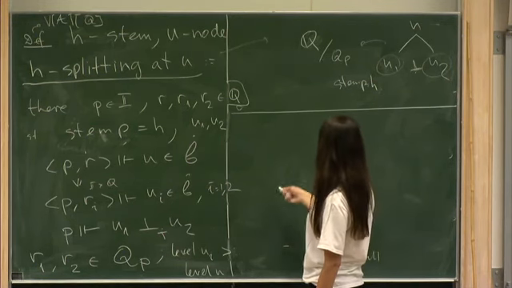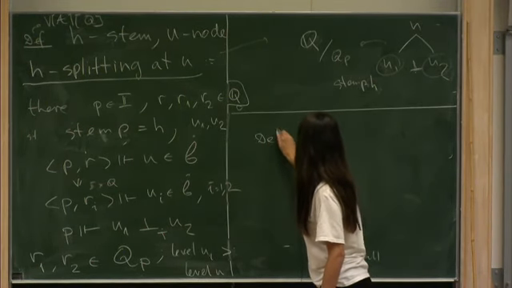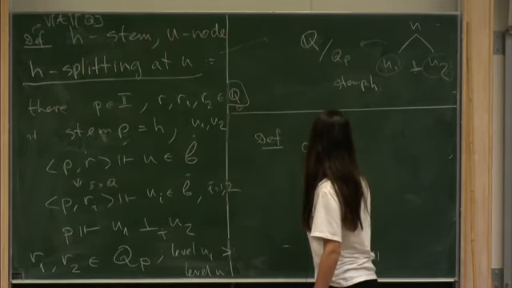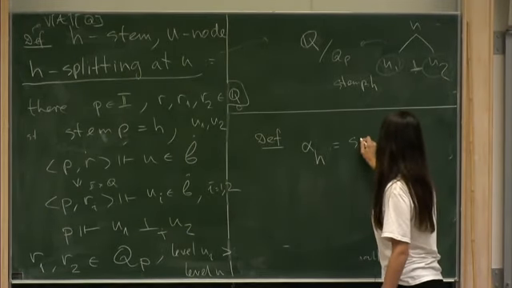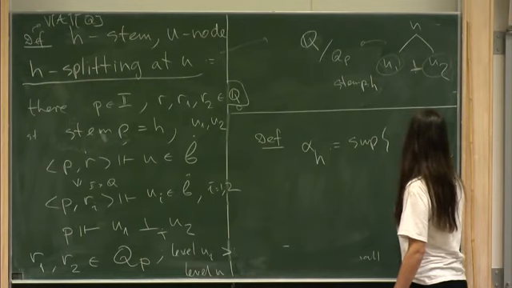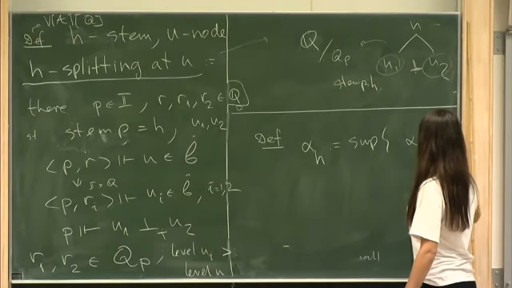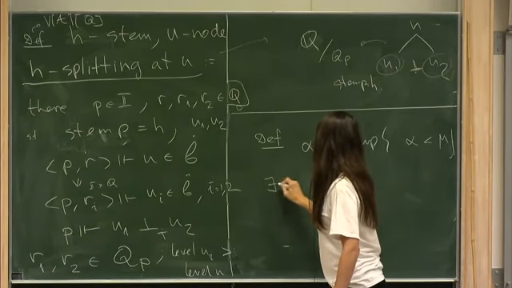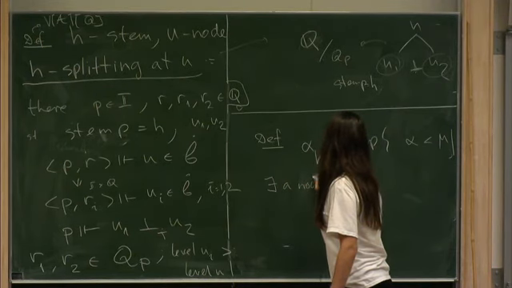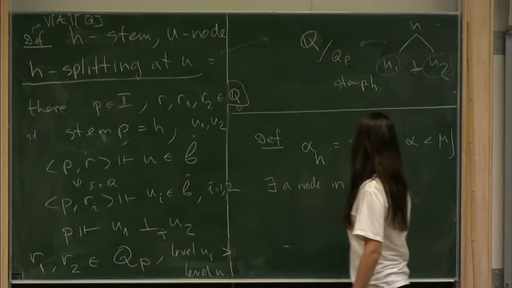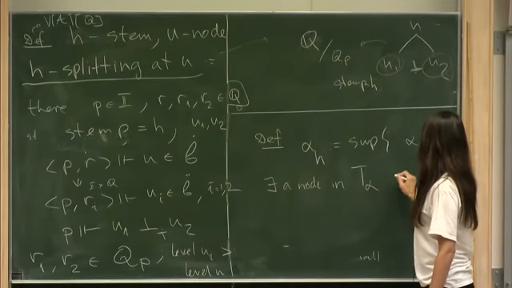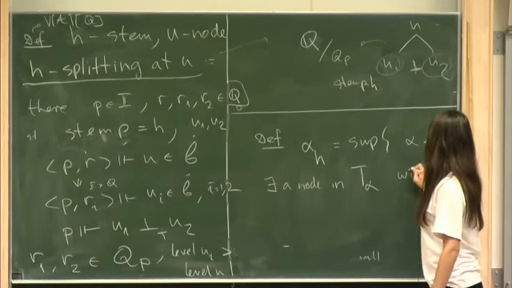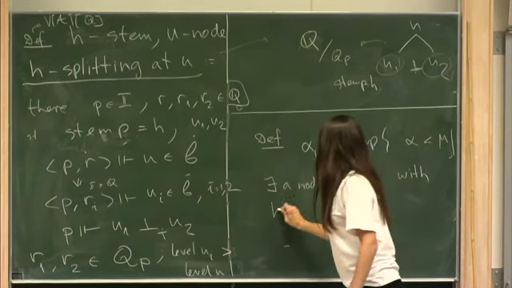For every H, let alpha_H be the supremum of all alpha less than mu such that there exists a node of level alpha, in T_alpha, with H splitting.